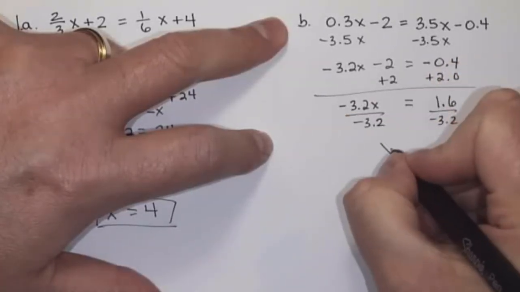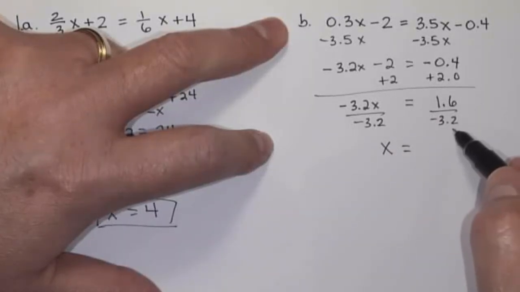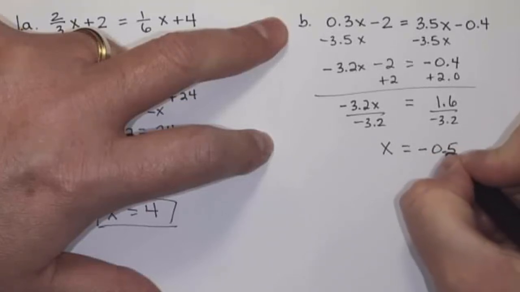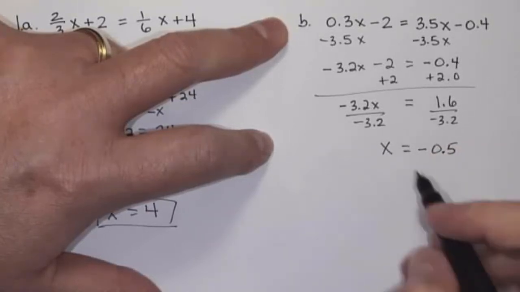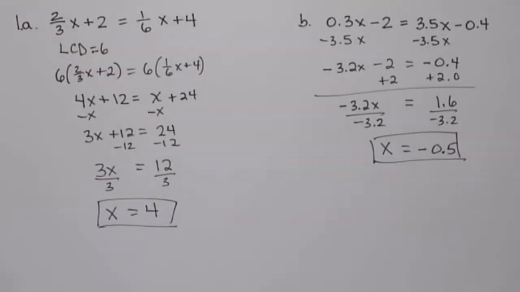On the left-hand side, x is going to equal 1.6 divided by negative 3.2, which is negative 0.5, or negative 1/2. So the solution to our equation is x equals negative 0.5, or again you could say x equals negative 1/2. Now let's look at the second question.